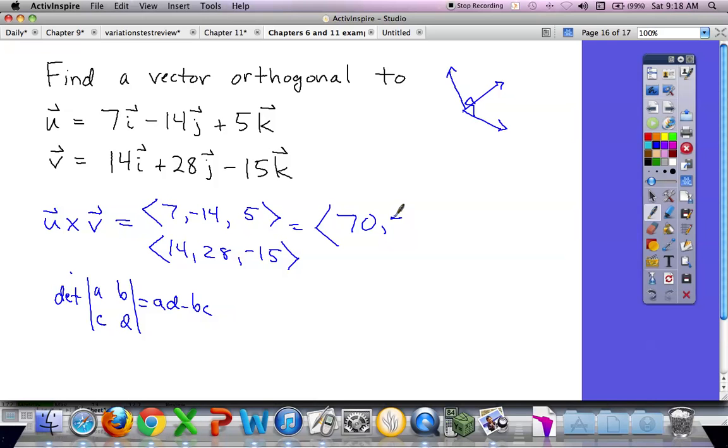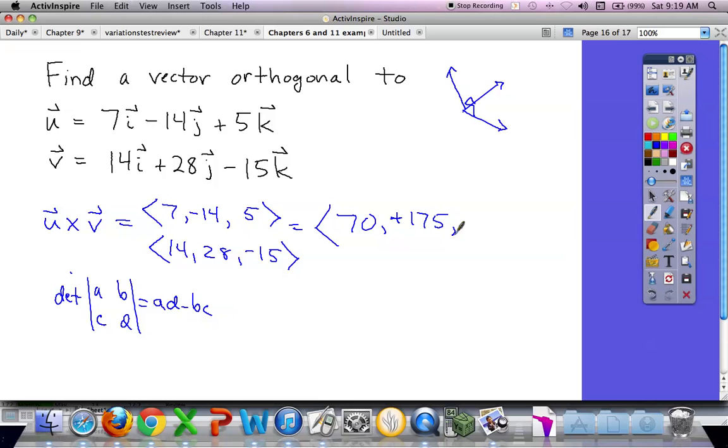So let's do the same operation. 7 times -15 minus 5 times 14. -175. But again, because of that, it turns the negative into a plus 175.